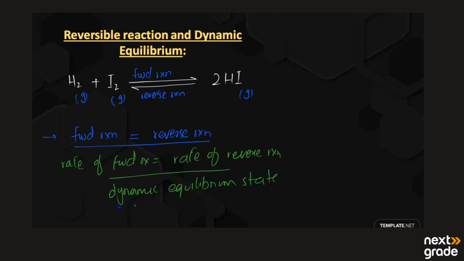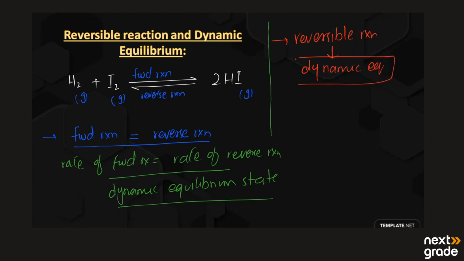We can always gain the dynamic equilibrium state in a reversible reaction. We cannot gain the dynamic equilibrium in an irreversible reaction.